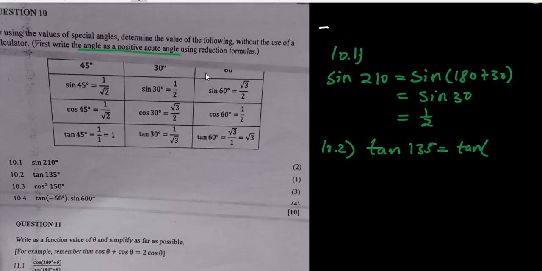So I'm going to get 180 minus 45. 180 minus 45 will give me this one, right? 180 minus is going to take me to quadrant number 3. On quadrant number 3, tan is always positive. So tan 45 is equal to 1. So my answer is 1 there.